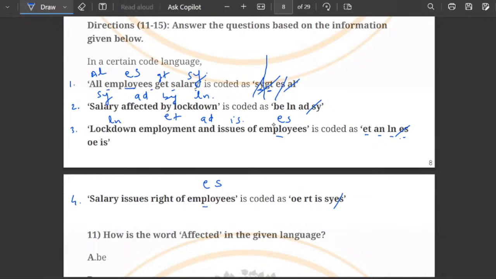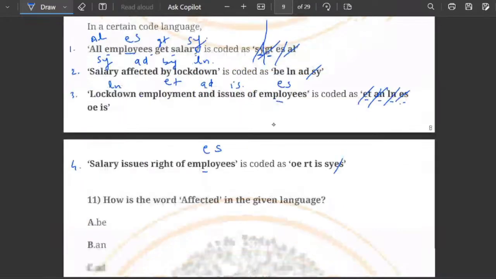Now ET is here, AN is here, LN is here, LN is for lockdown. Now what is OE? O is for off, and N is for and.